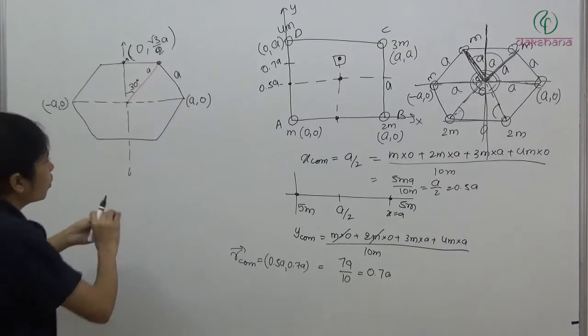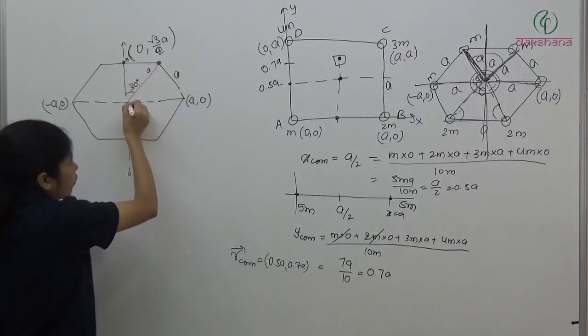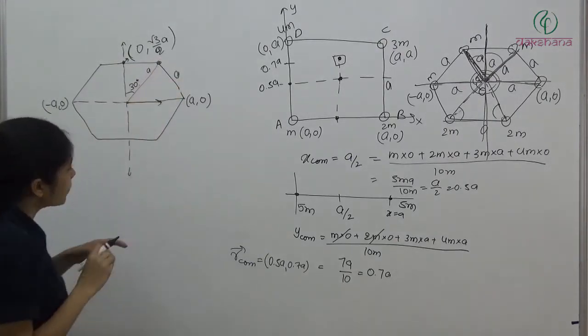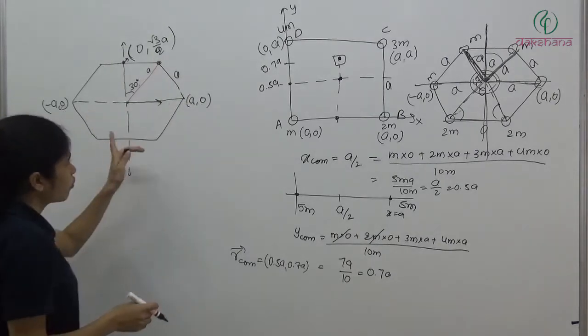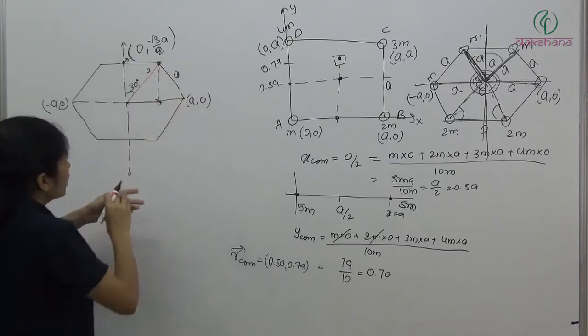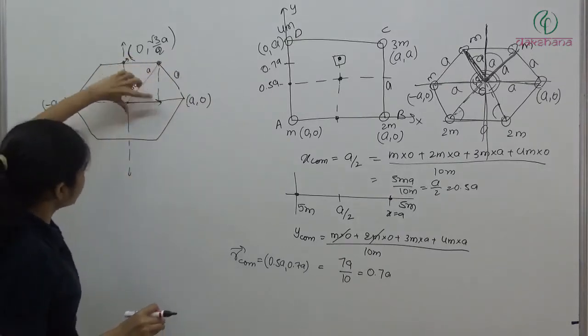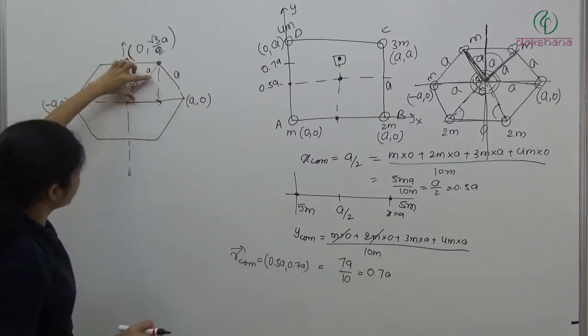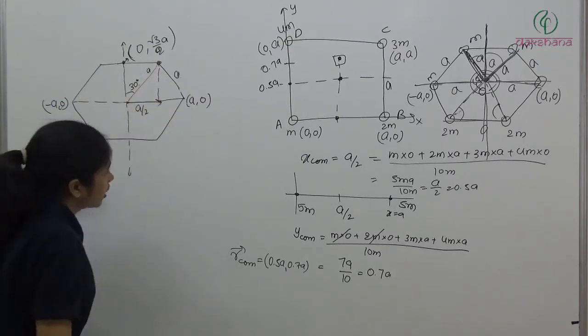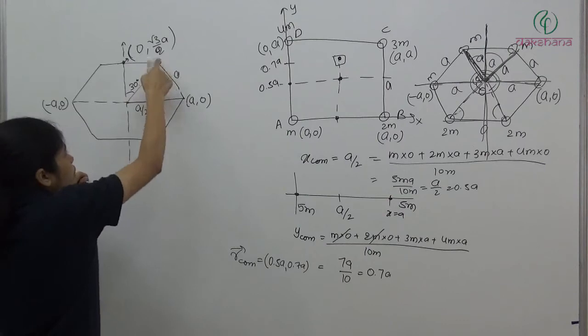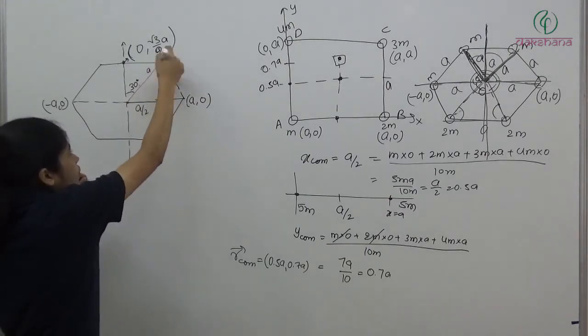Now we want to find out its x location. For x location I want to know this length. So simply by looking also you can say this is going to be A by 2, half of this. But if you want to find out, what we'll do? This is A cos 30, this is A sin 30. A sin 30 means A by 2. So its x coordinate will be A by 2 and root 3A by 2.